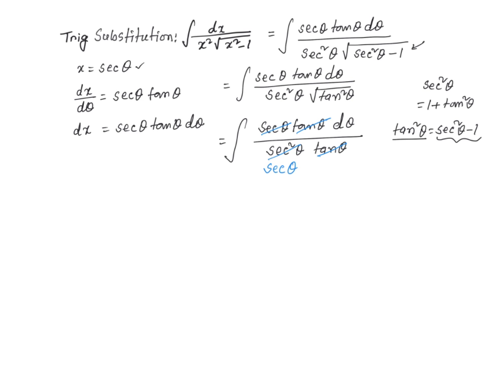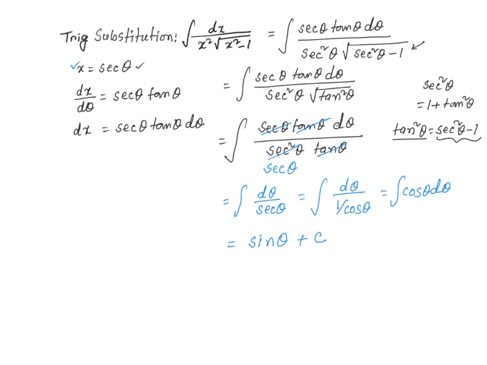So that leaves me with the integral of d theta over secant of theta, which by the way is the integral of d theta over 1 divided by cosine of theta, which is equivalent to the integral of cosine of theta d theta, which is nothing but sine of theta plus some arbitrary constant c.